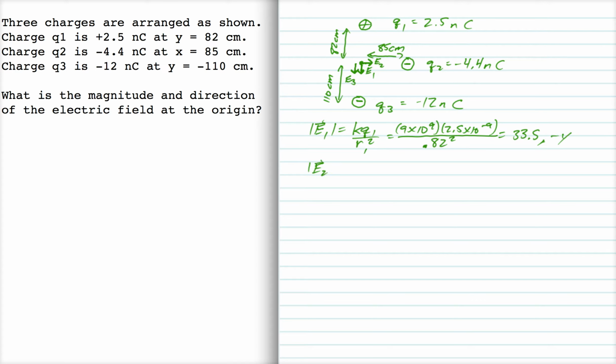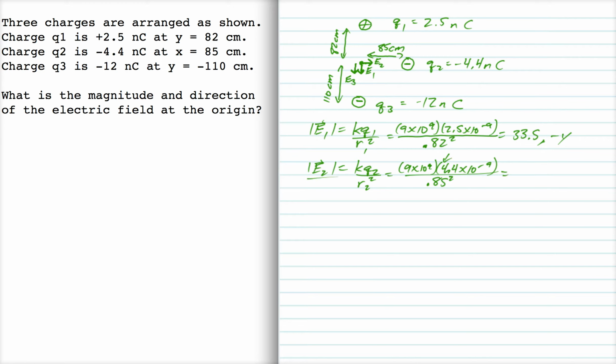Magnitude of the electric field due to charge 2. Now notice that I left the minus sign off of the 4.4 because we're just calculating the magnitude of the electric field.